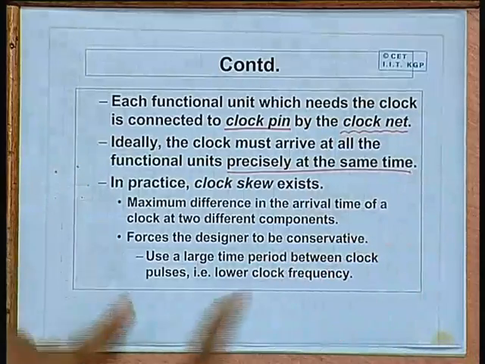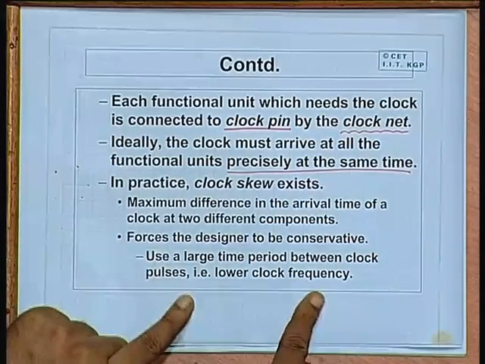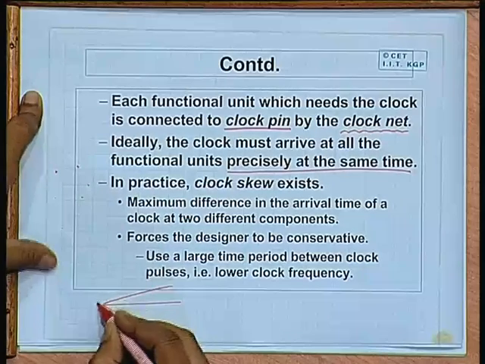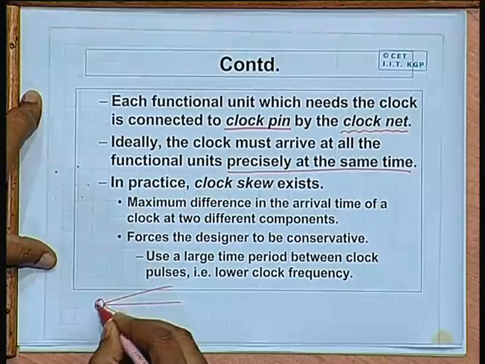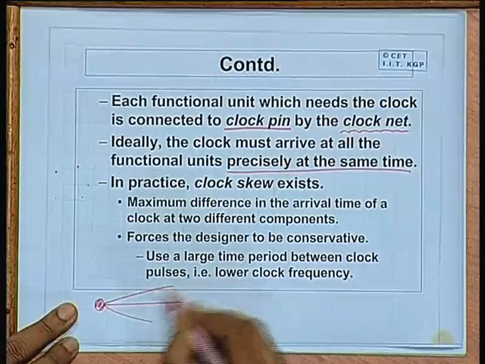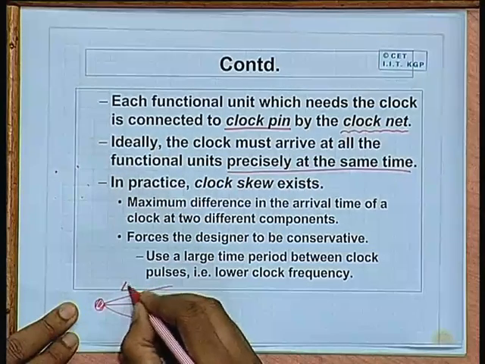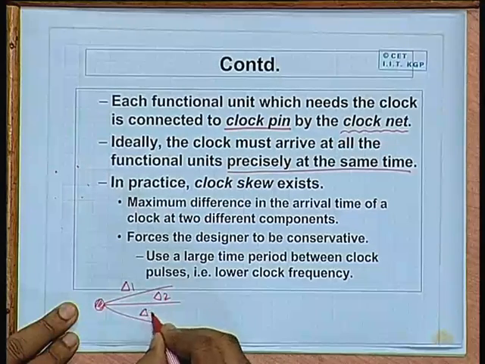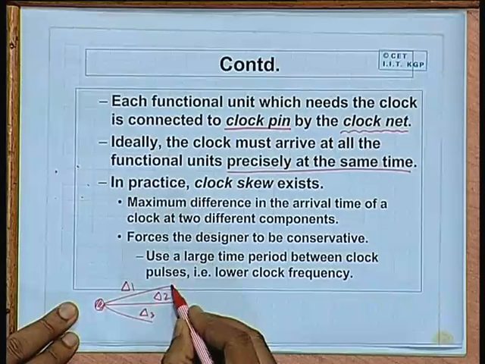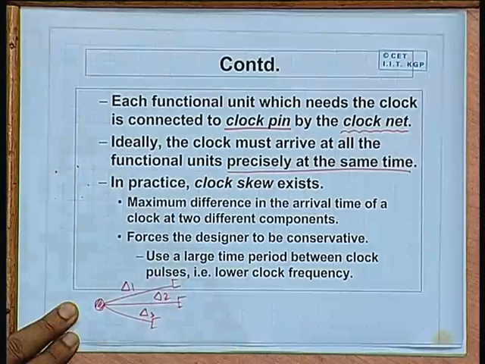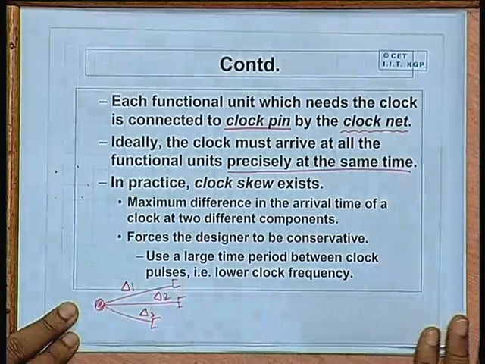If there is a variable delay in the different paths, suppose the clock is generated here. This is the source of the clock, this can be that external pin I am talking about, and as it is getting distributed, if the delays of the different paths are different, delta 1, delta 2, delta 3, then the clock edges will be reaching the functional units slightly staggered in the axis of time.